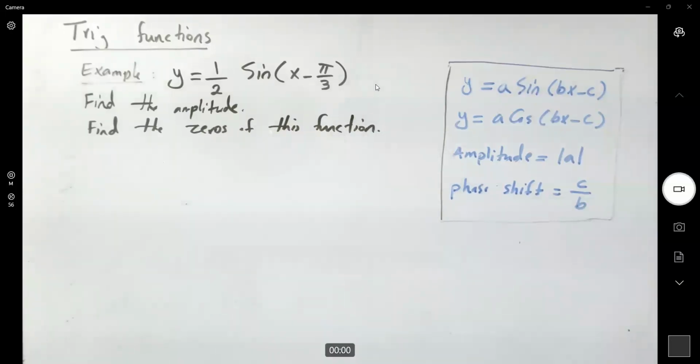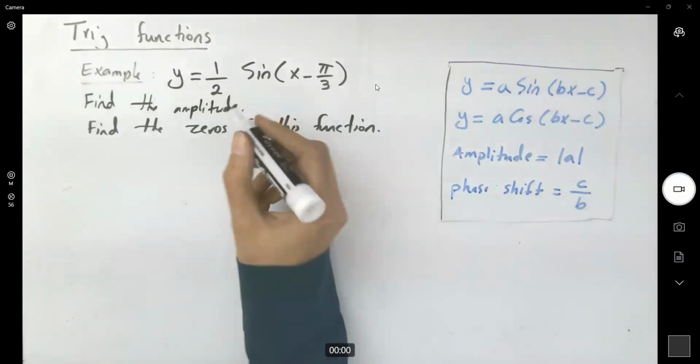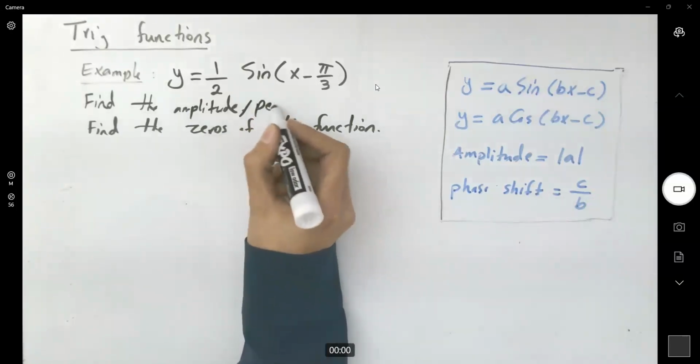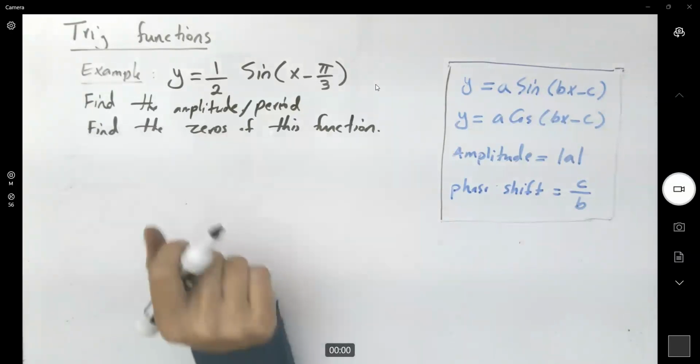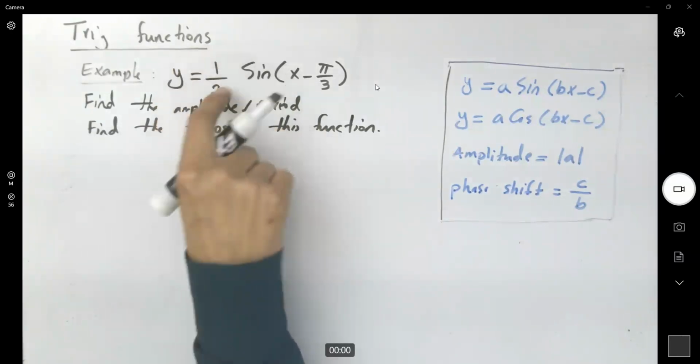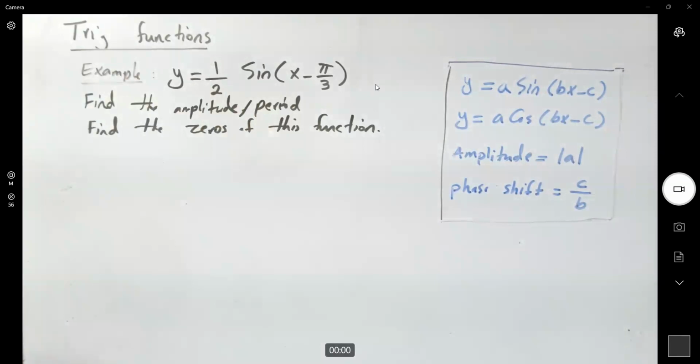Okay, very good. So amplitude and period, let's find both of them. Well, first of all, the amplitude as we defined is the absolute value of a half. All right, so let's write this down here.